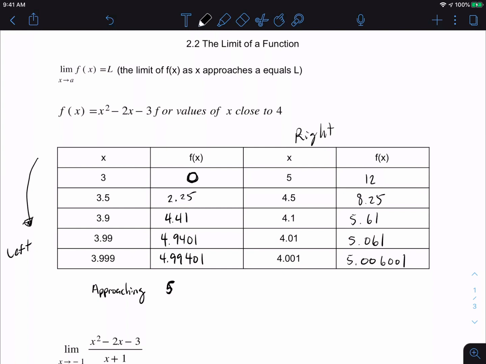So from the left, it's approaching 5. From the right, it looks like it's approaching 5. And so I can say that the limit of x squared minus 2x minus 3, as x approaches 4, is going to be 5.